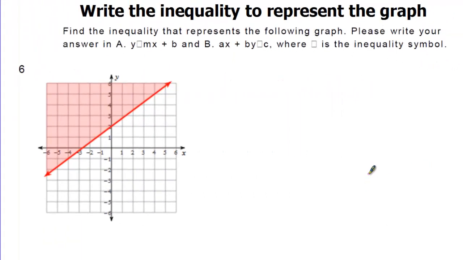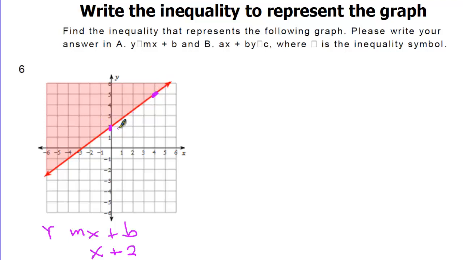Next problem, problem number 6. Again, let's start by completing our slope-intercept form. Our intercept is positive 2. To find our slope, we need to identify a second point. Okay, this point will be a good point.